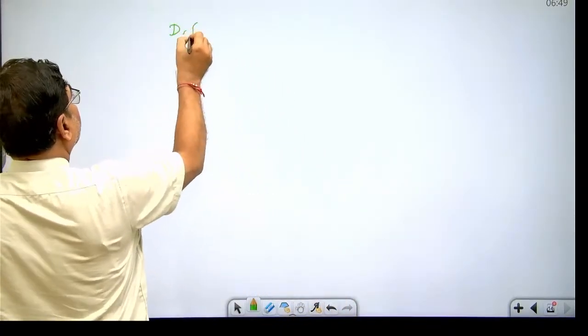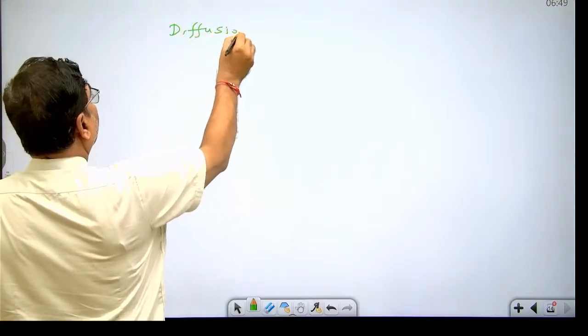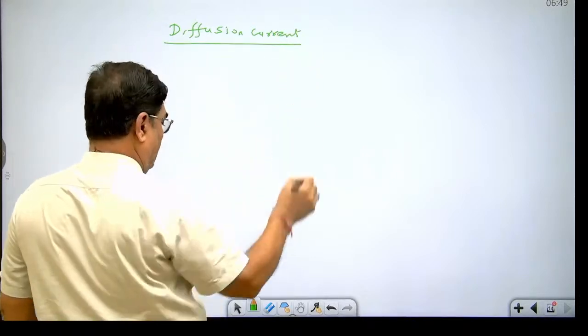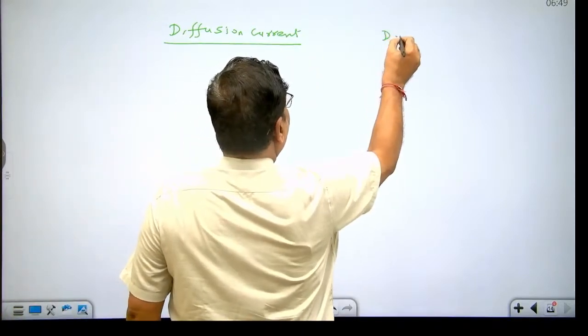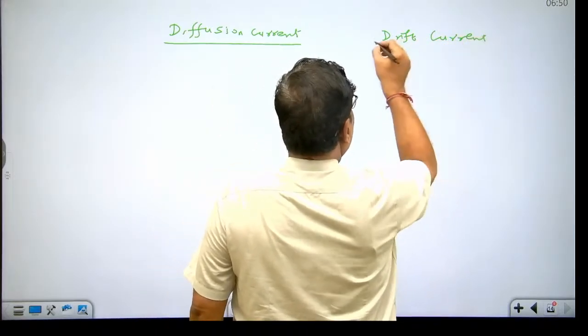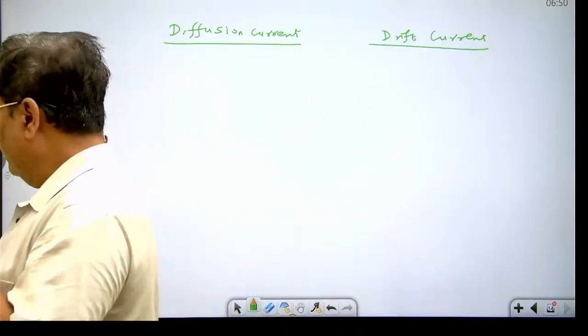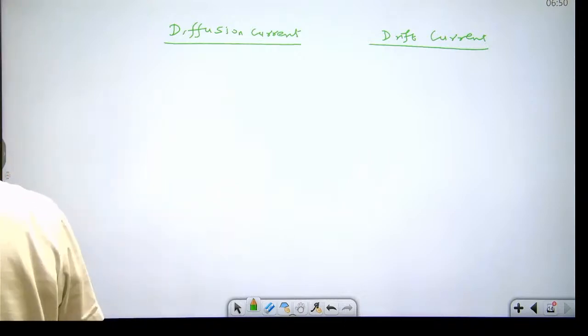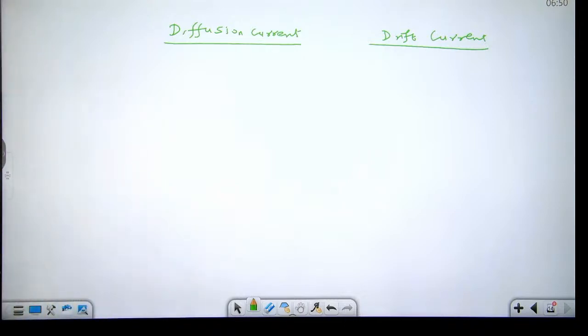So diffusion current and drift current. Dear student, diffusion current is due to diffusion of majority charge carriers, and drift current is due to minority charge carriers.